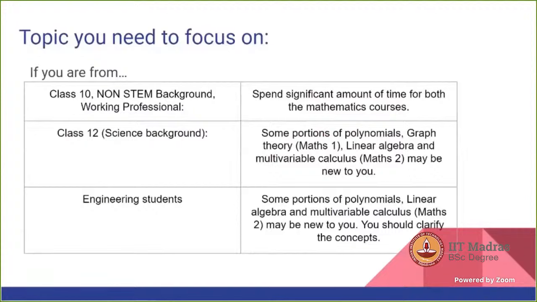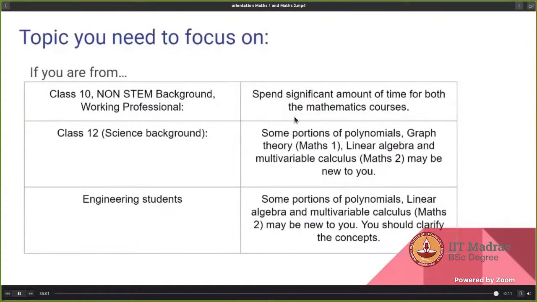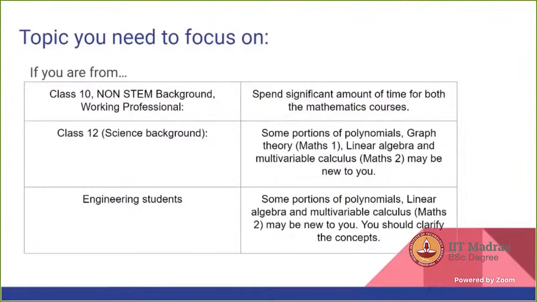If you are an engineering student, some portion like linear algebra and multivariable from Maths 2 may be new to you, so you should clarify these concepts. These are the points we want to emphasize to you.